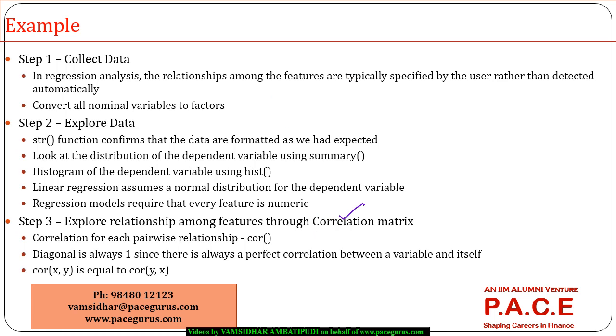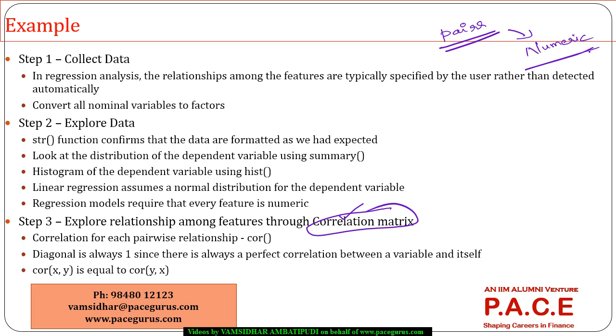Then I am also exploring the relationship among the features through the correlation matrix. The correlation matrix is trying to build the relationships between pairs of variables. Generally this is built only for numeric variables, not for factor variables.